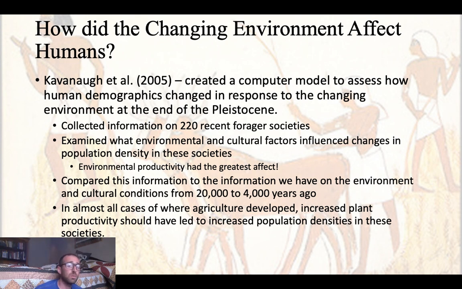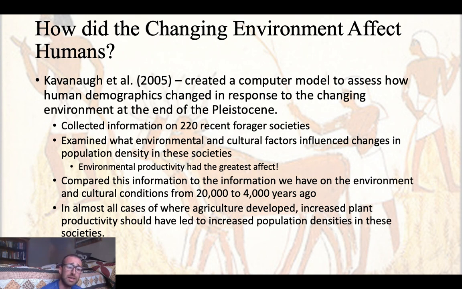And then they compared this information that they collected to the information that we had on the environment and cultural conditions from 20,000 years ago to 4,000 years ago, right? So during this time period where agriculture is going to start to develop, they looked at what the environmental and cultural conditions were at this time, and how they relate to what we've seen with changes in forager societies in present day.